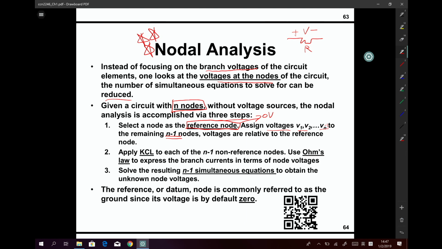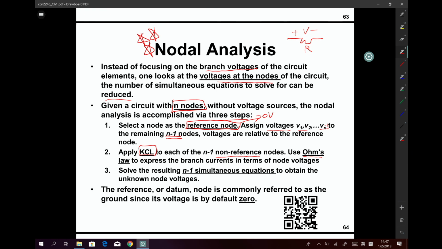After you do that, for each non-reference loop, you apply KCL to write down the KCL equation and then Ohm's law to replace each of the currents in terms of the loop voltages. At the end, you will set up n minus 1 simultaneous equations, and after you solve them, you get the loop voltages.